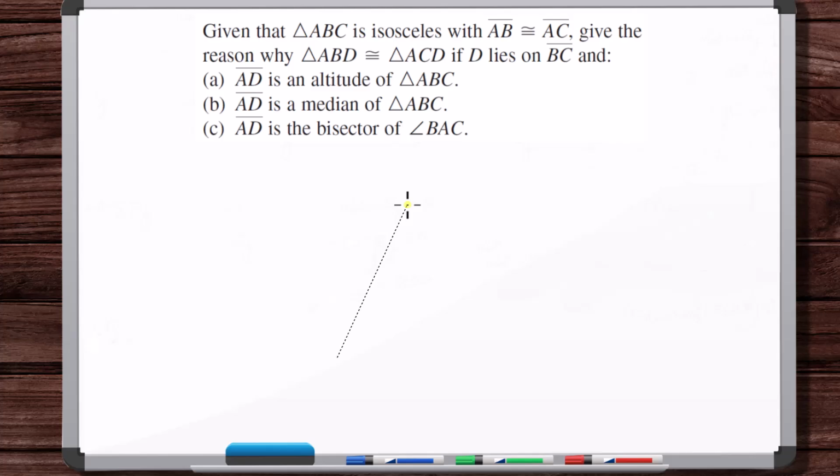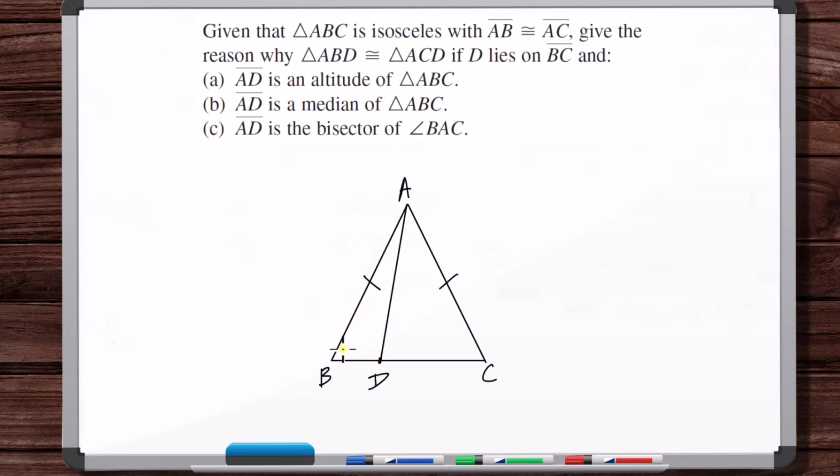We've got triangle ABC with AB congruent to AC. Now point D lies somewhere on BC, and it's the case that triangle ABD is congruent to triangle ACD.